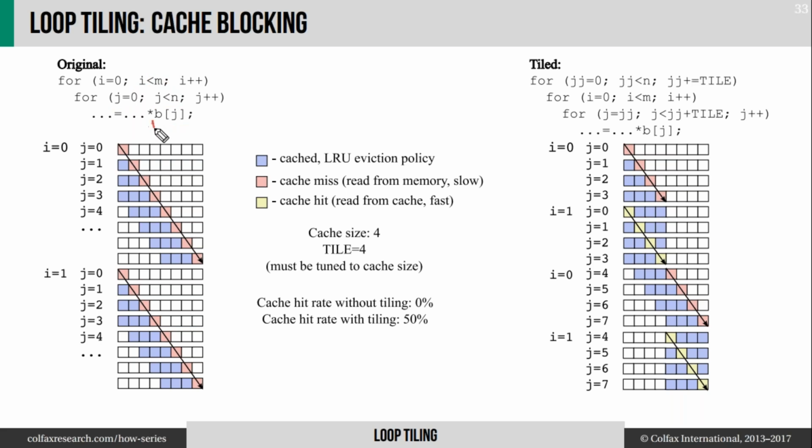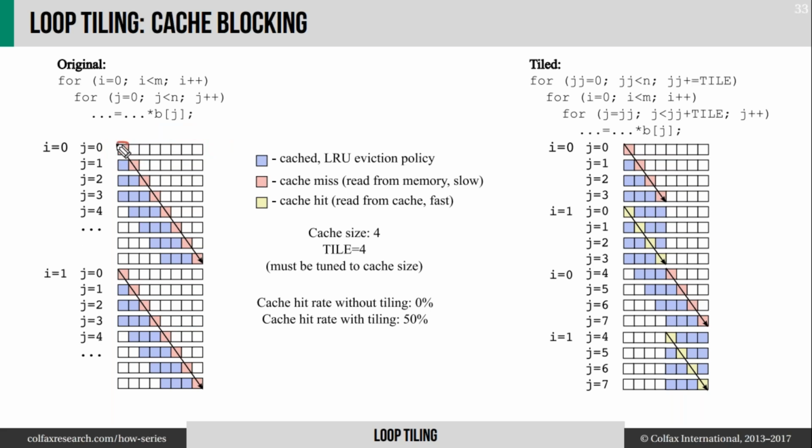Suppose that array b is too large to fit in caches. If I write my loops just like this, i from 0 to m, j from 0 to n, what will happen is I will read b[j]. I'm sorry, this is my array b. This is b0, b1, b2, b3, and so on. Colors indicate what's happening.